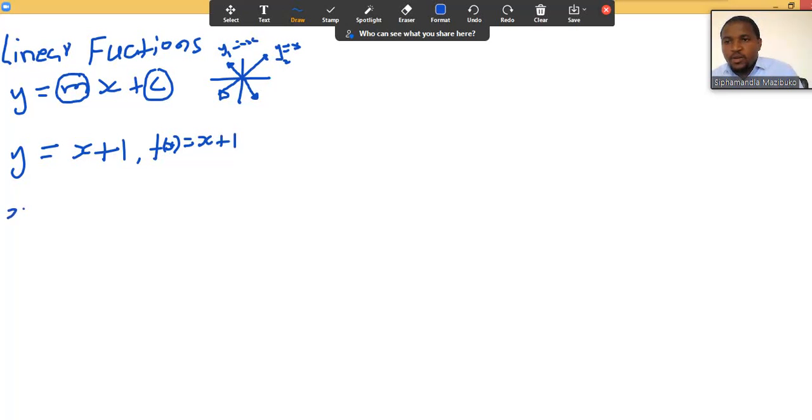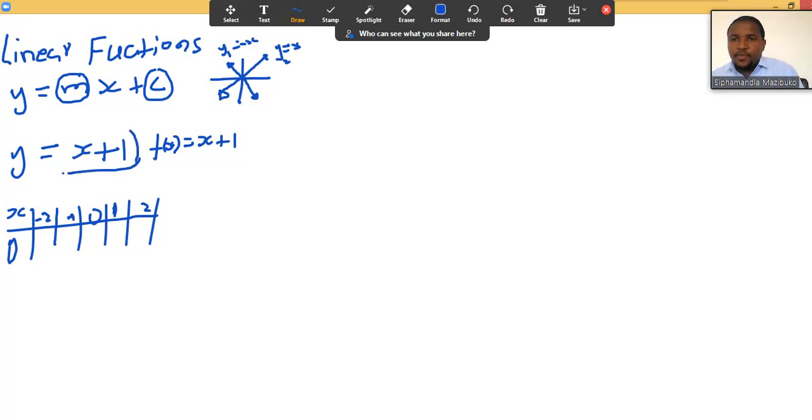We're looking at our table as x and then y. We're saying this is 0, this is 1, this is 2, this is minus 1, this is minus 2. We want to check what c does on this linear graph.